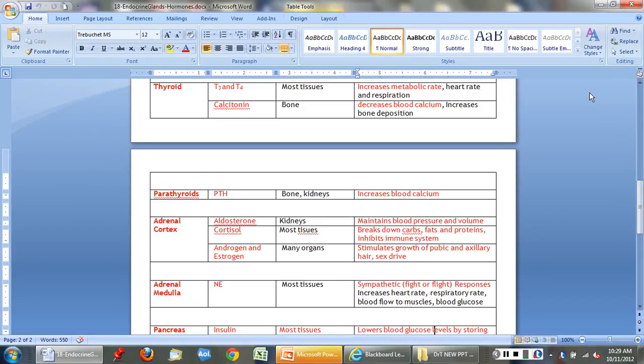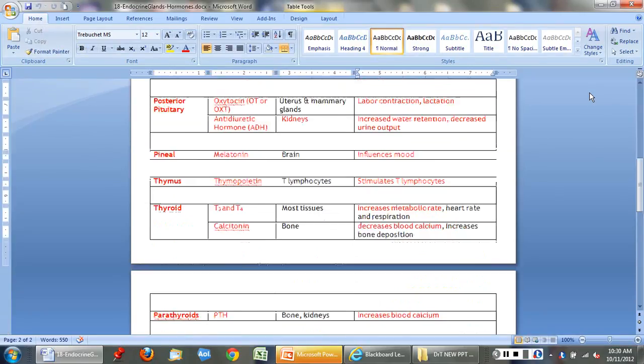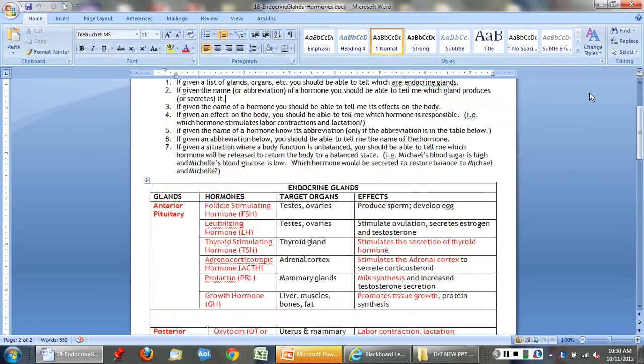So wherever you see the word tropic, that means that hormone is going to affect another gland. Okay, so adrenocorticotropic hormone stimulates the adrenal cortex to release their corticosteroids. And you don't need to know that part. So just know that it stimulates the adrenal cortex to secrete those hormones, and there are several.